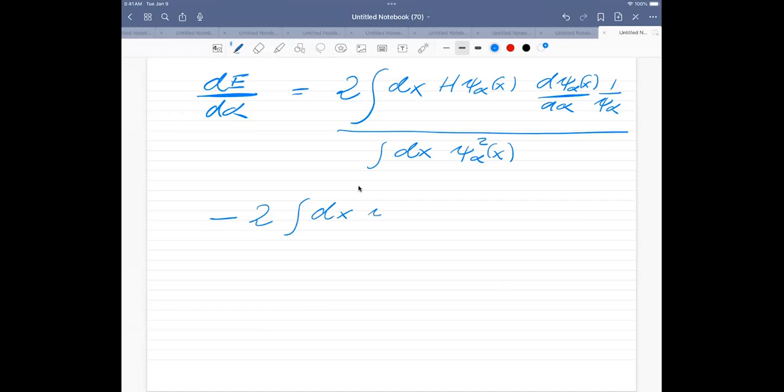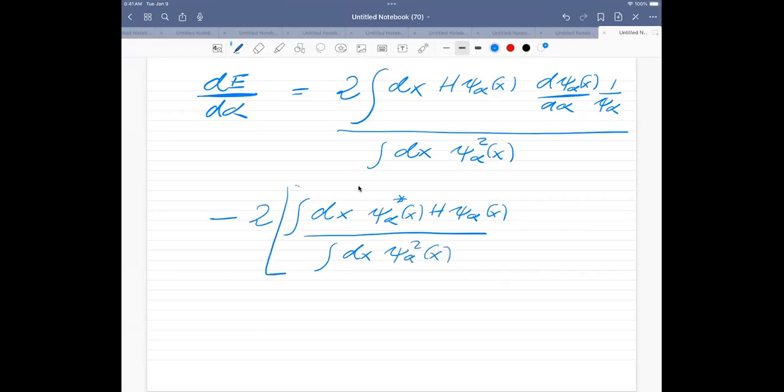So I'm going to have a psi of alpha of x, H psi of alpha of x, divided by the denominator, one of the denominators, because I have to square the denominator. So I'm just going to write it like this. And this quantity is then multiplied with a new integral, which is just d of x.